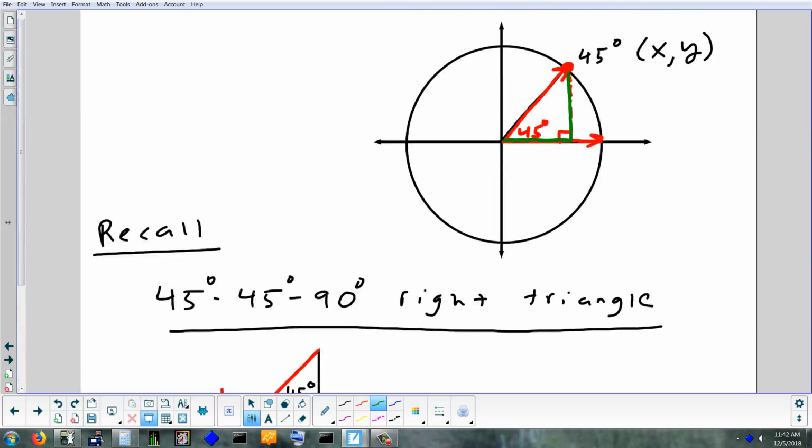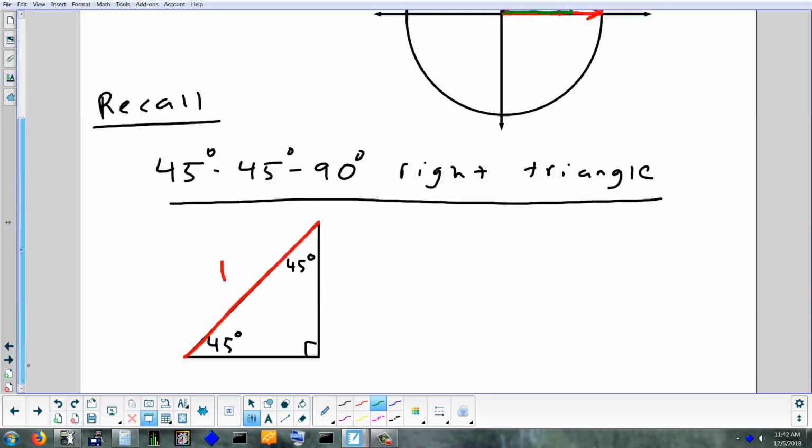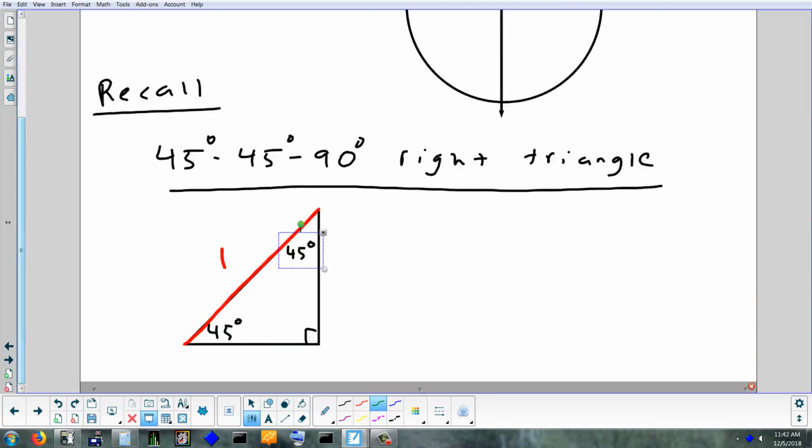But how far right and how far up you go, if you compare those 2 distances, they're going to be what? They're equal, because that's an isosceles triangle. The sides opposite the angles that are equal are also equal. So I'm going to pick something to call that side. I'm going to call it x. Now, if the other side is the same, then I can also call that side x.